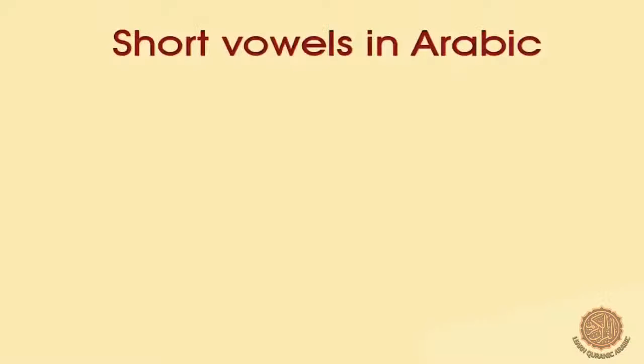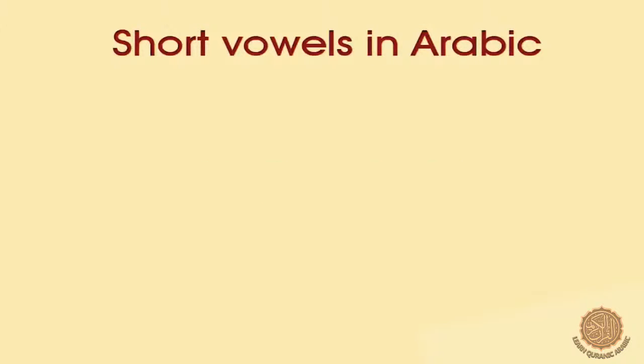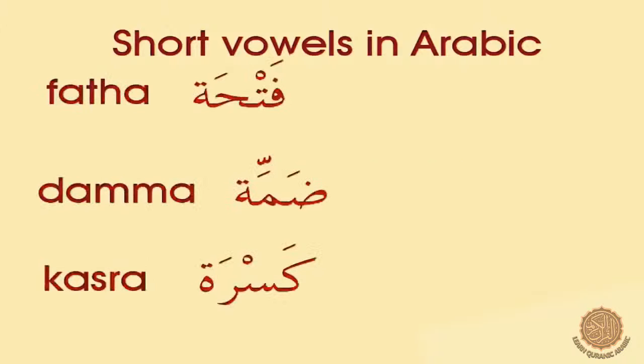Unlike English, where we have 5 vowels, A, E, I, O, U, in Arabic we only have 3, and they are what is known as Fatha, Damma, and Kasra. So let's first of all just understand how they're written. In front of us we have the letter Fa, and when we add vowels in Arabic, it's different to English.